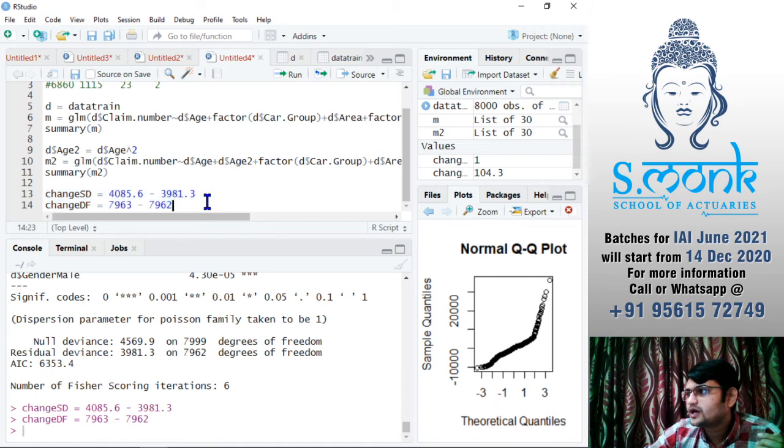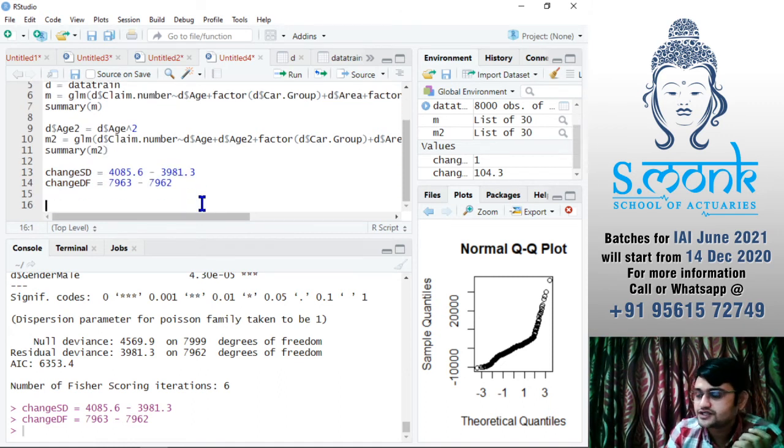Now again you can compare, you can directly say if change of SD is more than twice of change in degree of freedom, then model 2 is better than model 1, or you can use the chi-square to find the p value. Okay, so I would say p value, this is going to be upper bound test, so you will be taking only greater than p value.